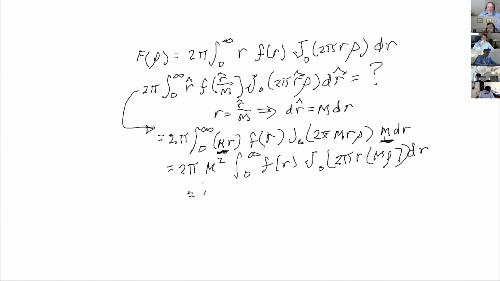So what we get is m squared, and what is left is exactly the Hankel transform of f of r, except that instead of rho, it's at m rho. So there's two m's which come out of here. So it is an m squared.